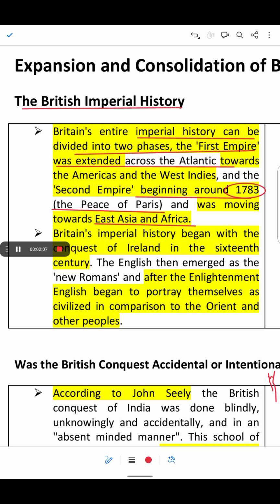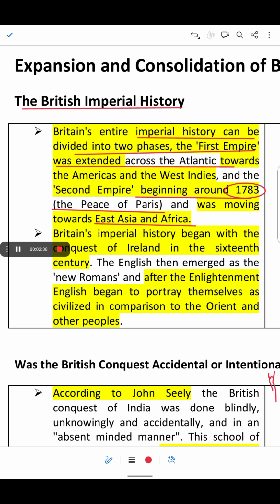New boundaries were established for the United States, extending west to the Mississippi River, and Britain returned some territories to France and Spain. So the Peace of Paris marked the end of British rule in its first phase, that is, in the Atlantic region, in America and the West Indies.